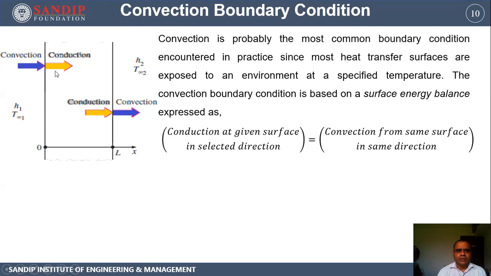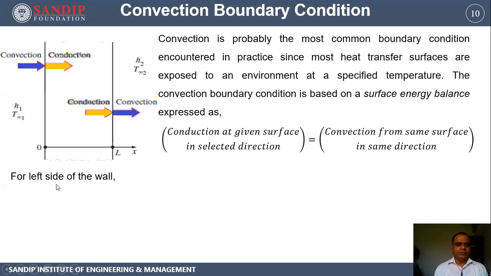Under a convection boundary condition, we can say that the convection heat at any surface is equal to the conduction at the given surface. The same can be written for the other surface. We can write it for the left side of this wall.